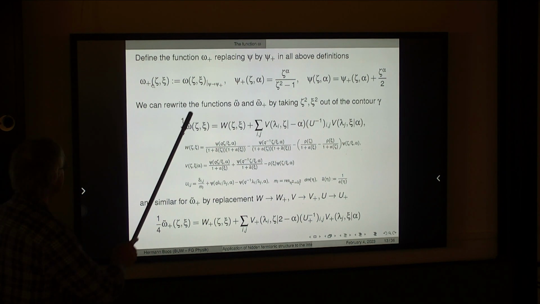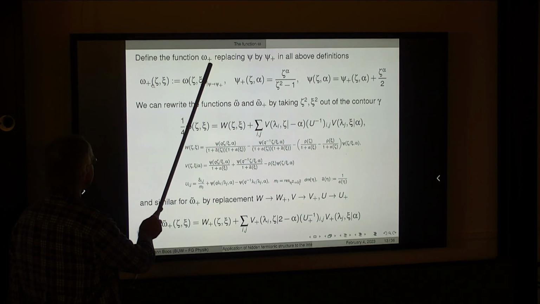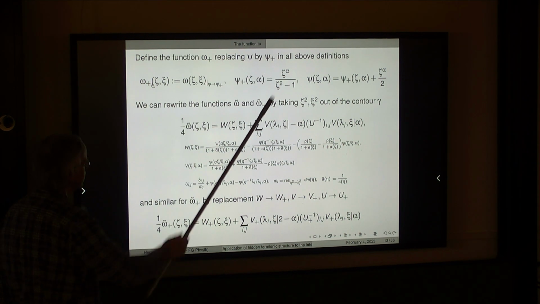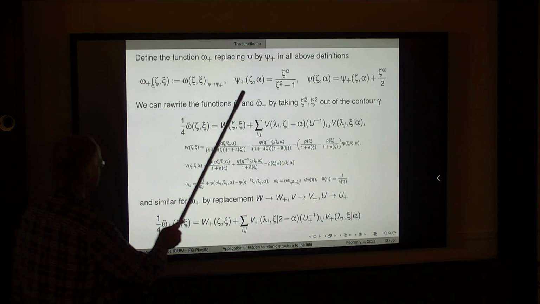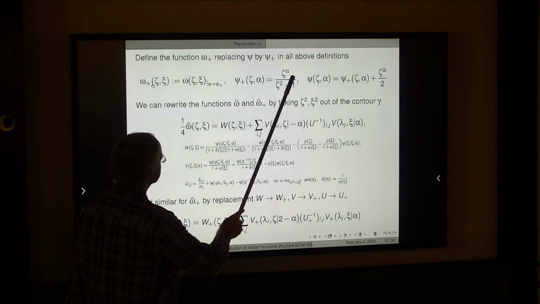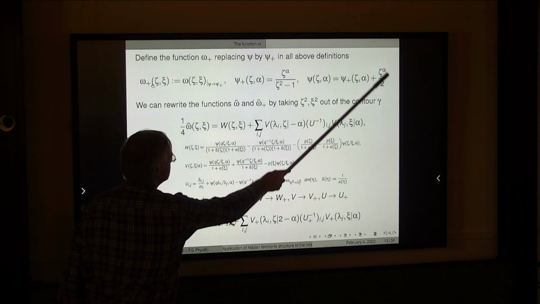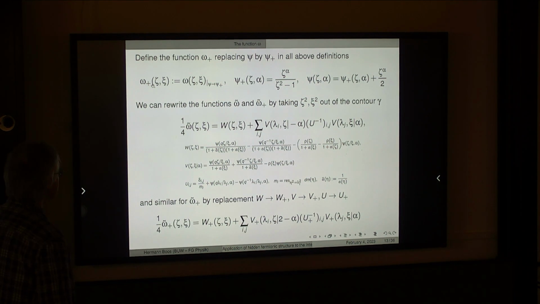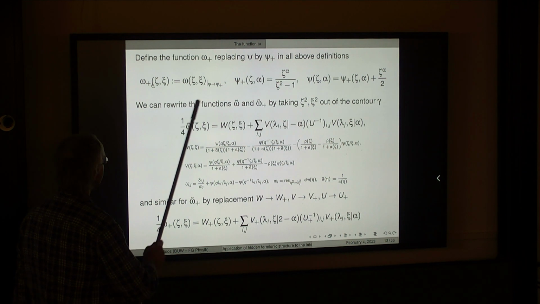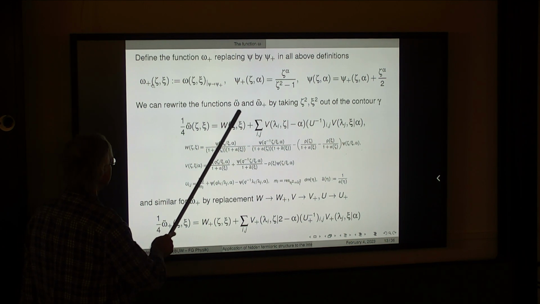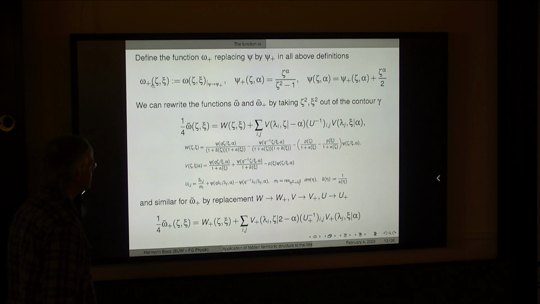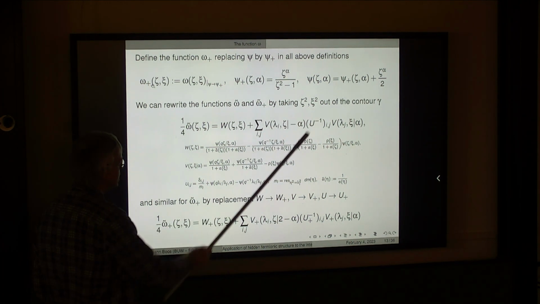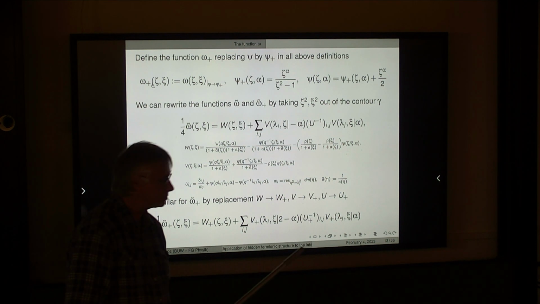Well, we can also define function omega plus by replacing psi by psi plus in all of our definitions. So actually, psi plus is even simpler than psi. So the difference is very simple. And we can rewrite actually both functions, omega tilde and omega tilde plus, by taking this zeta squared and psi squared out of the contour gamma.